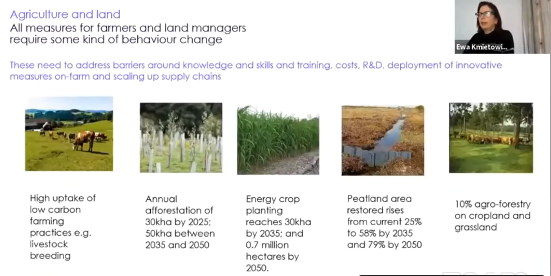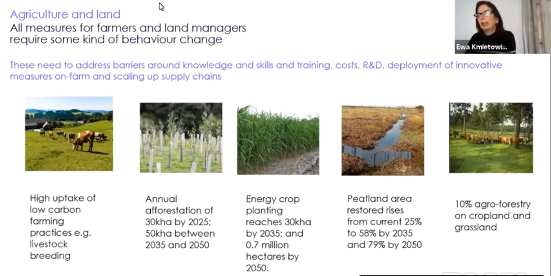Okay, Rachel, the final slide I've got for you is just to give you a flavour of the different actions that we're asking farmers and land owners to take, to do things differently, in order to meet our climate goals. We need farmers to implement a range of low carbon farming practices covering crops and soils, livestock diets and breeding.